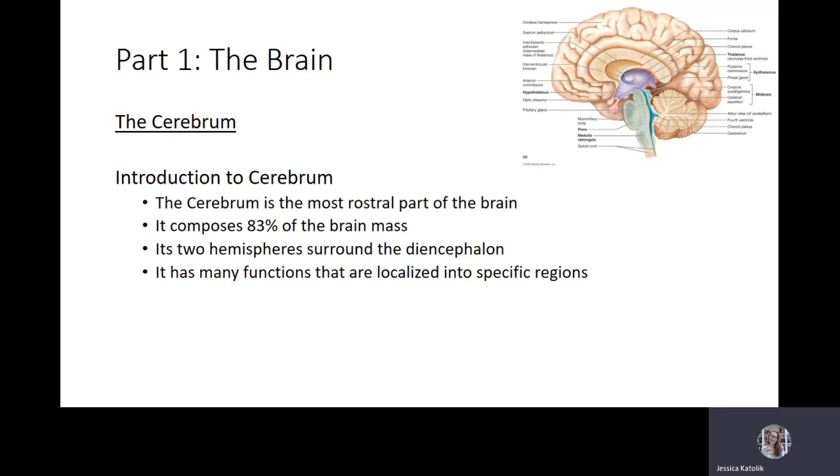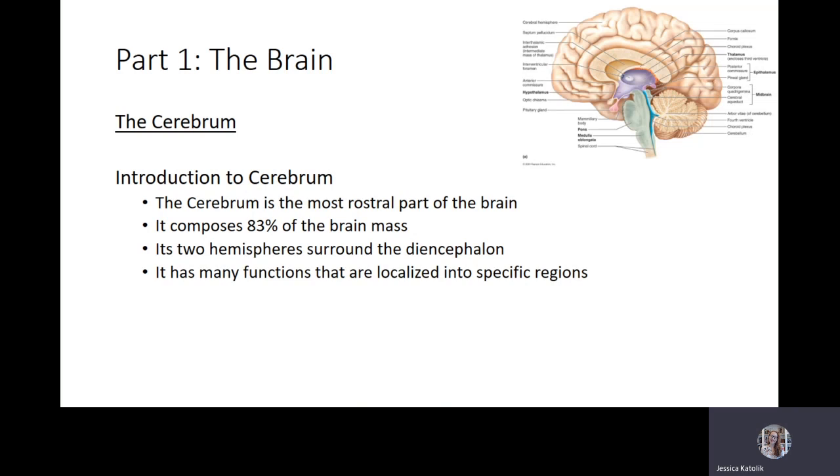The cerebrum has many functions, and these functions are localized to specific regions of the cerebrum. So different parts of the cerebrum are responsible for different things. One of the ways that researchers study the brain to figure out the cerebrum's major functions is through functional MRIs, or fMRIs. fMRIs look at the flow of blood through the brain, and regions that are more active have a higher blood flow.